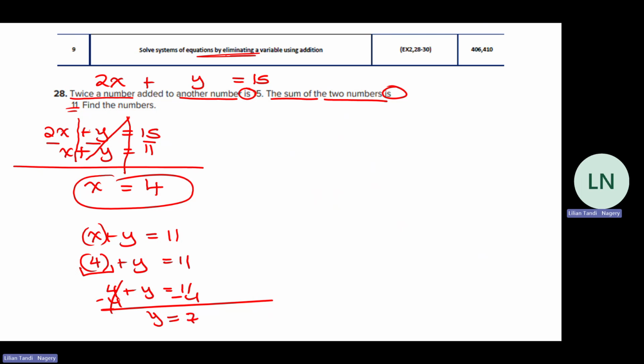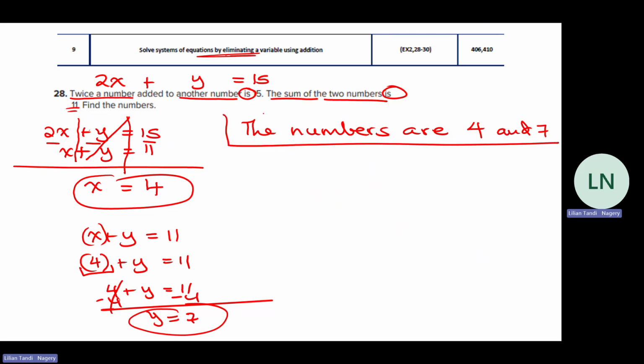So 11 minus 4 should be 7. And there is your answer. So then you write, find the numbers. The numbers are, remember you always start with the x, 4 and 7. And this is your answer.